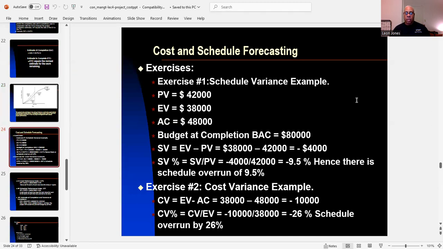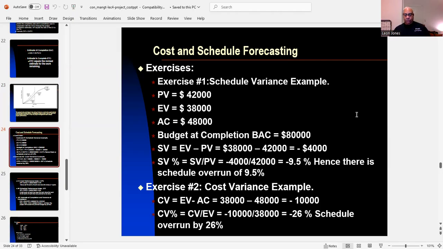So budget at completion, BAC equals $80,000. So to find our SV, we need to subtract PV from EV. So what we have here, we have our SV, or EV at 38,000 minus our PV at 42,000, and then we get a negative 4,000.